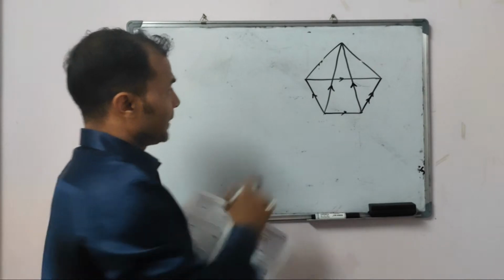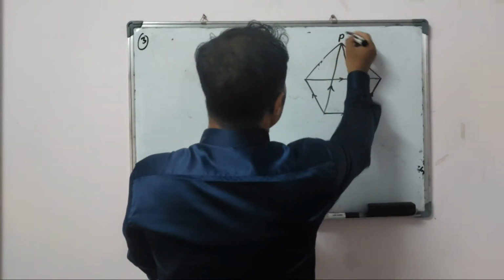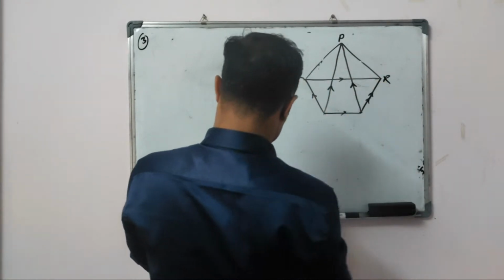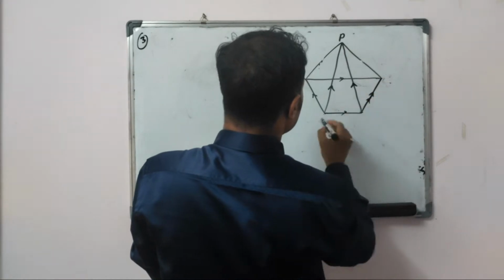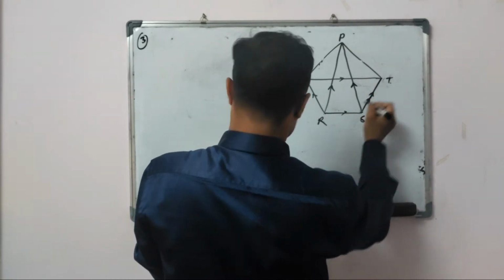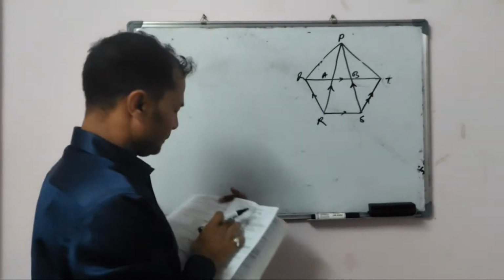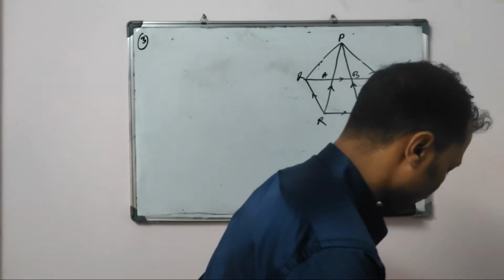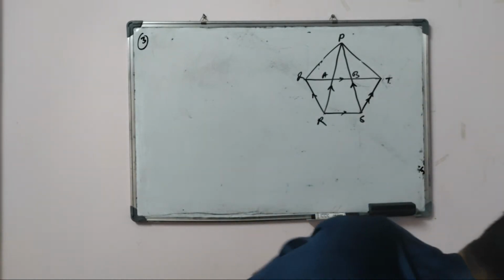Now what we need to prove is, let's name it first. PQRST, AB.